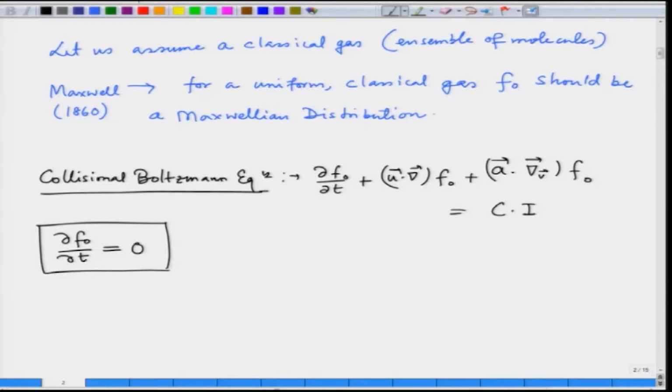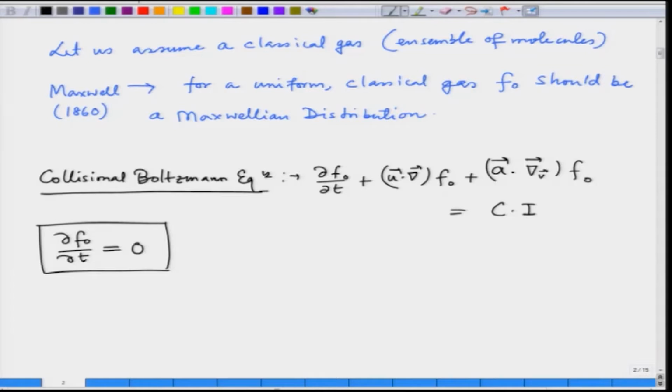That is why we can write del F0 del T equal to 0, which is somehow reasonable.